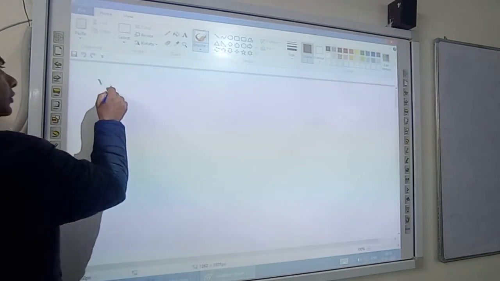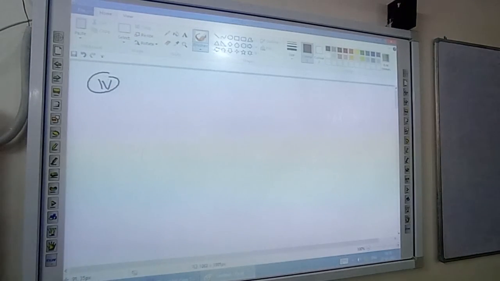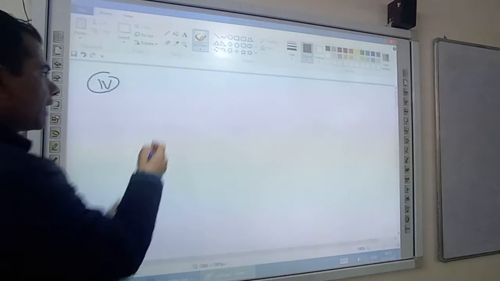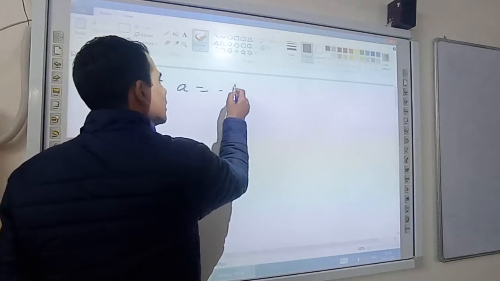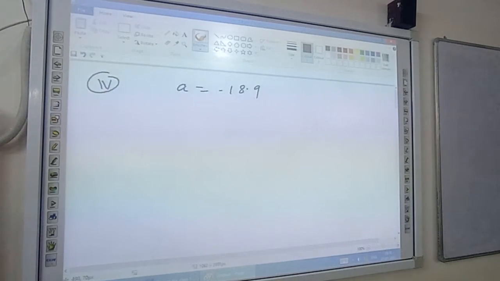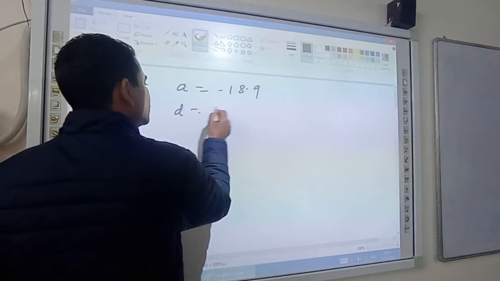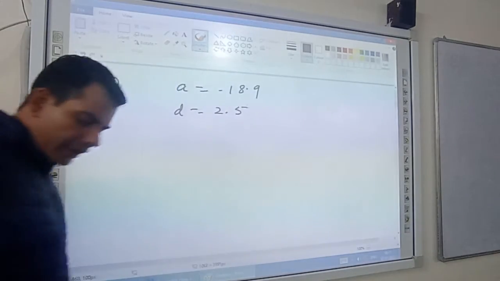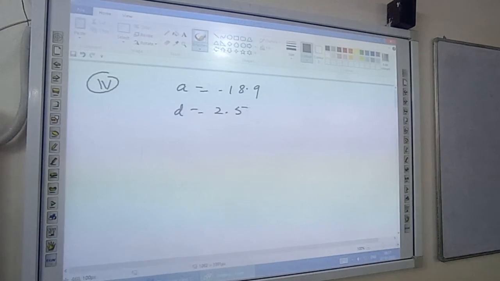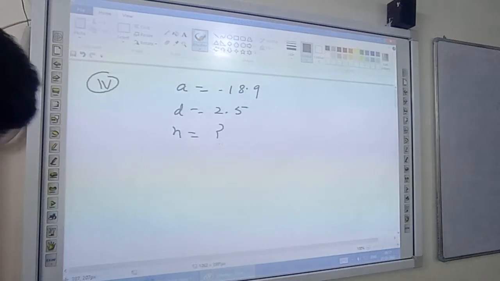Fourth part. A is minus 18.9, d is 2.5, and we have to find out n.